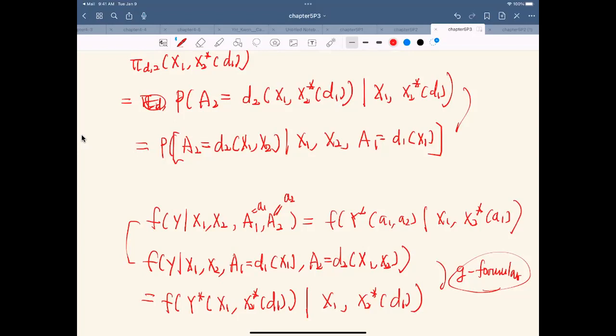But D1 of X1 is not random. It is a deterministic function of X1. This is a decision rule that we already have. Given the rule, I input the X, then I know which A will be chosen.